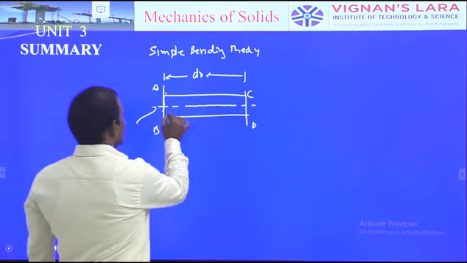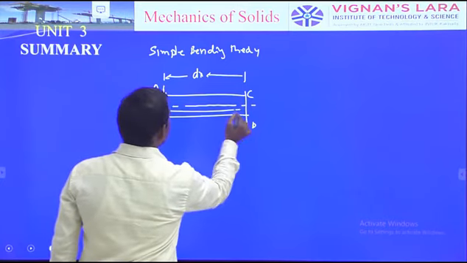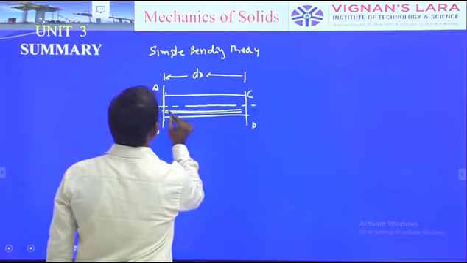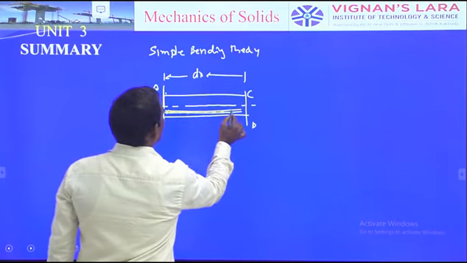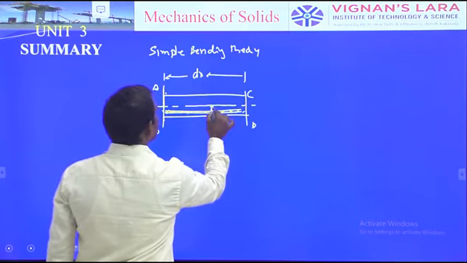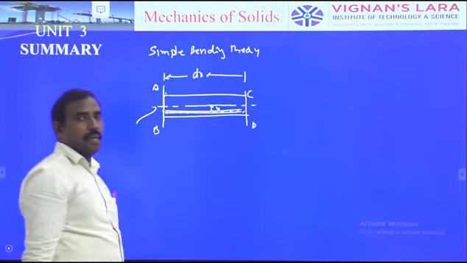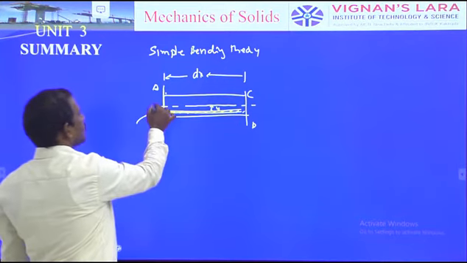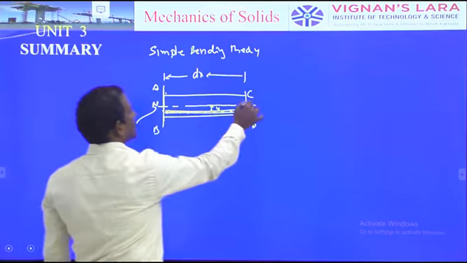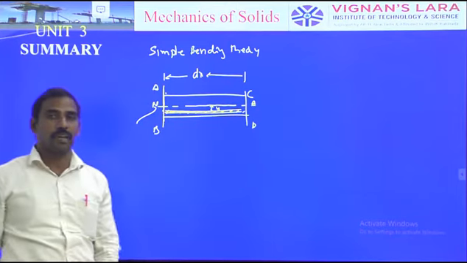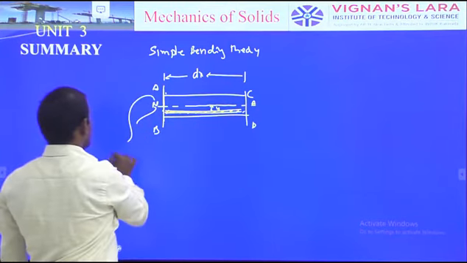Again, one more layer at a distance y from this layer. This layer is called the neutral axis, for example. Why is it called the neutral axis? So this is the neutral axis.